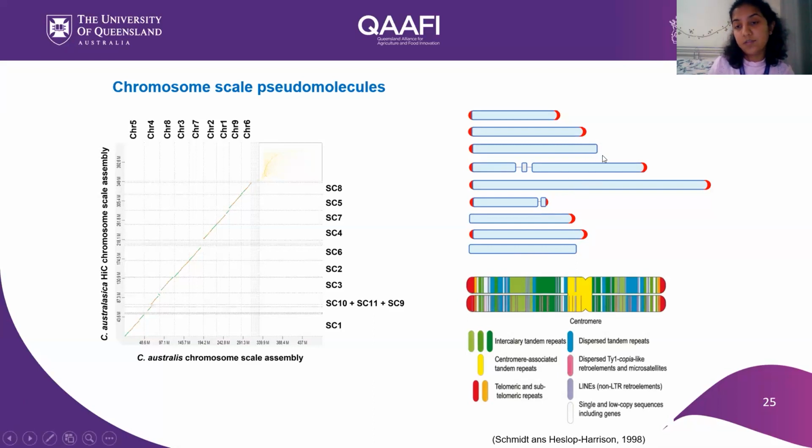assemble these repetitive regions. As you can see here in the bottom right corner image, most plant genomes contain highly repetitive regions, such as interspersed repeats, transposable elements, ribosomal RNA gene repeats, and large tandem arrays of satellite repeats.